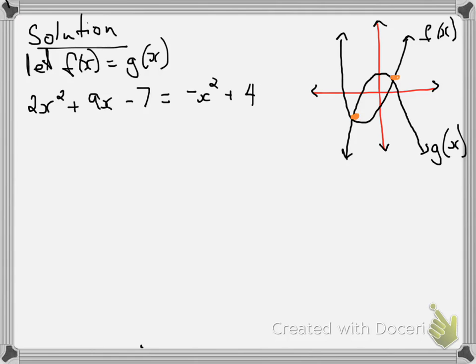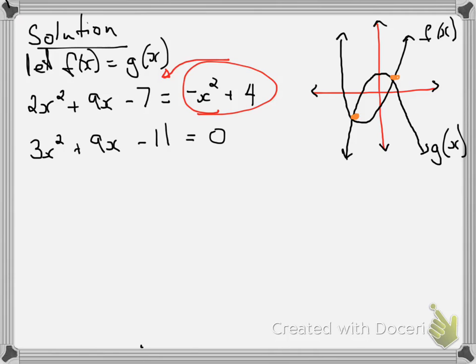Now, by getting all of this part here and bringing it across the other side, I end up with 3x squared plus 9x take 11 equals 0.